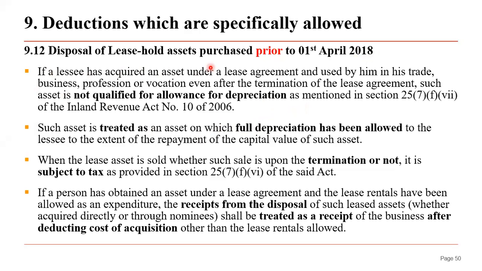If the lessee has acquired an asset under lease term, in the use of trade business operation under lease agreement, and the asset is not qualified for allowance for depreciation, then such asset is treated as if full depreciation has been claimed. If they have claimed lease allowances, then at the time of disposal we need to treat it as full depreciation has been claimed, to the extent of repayment of capital value of such asset.